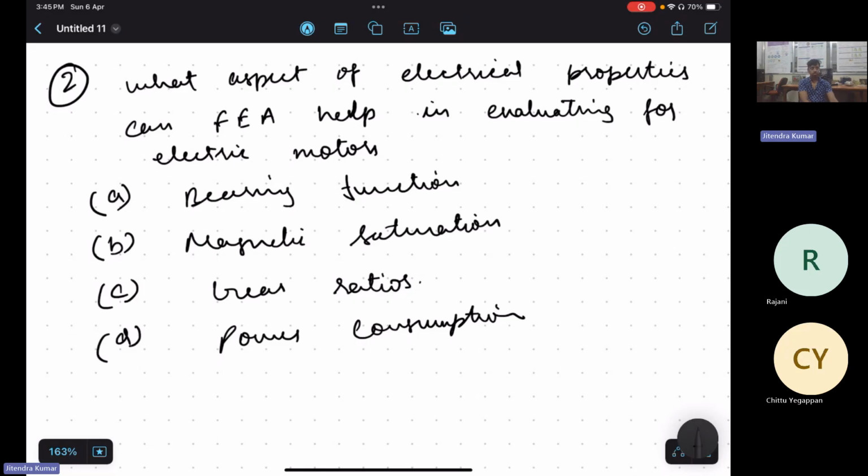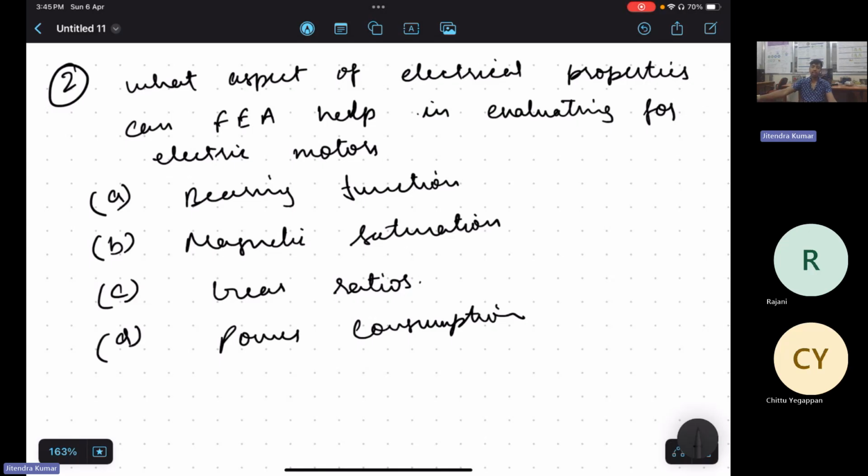FEA will provide you all the results related to flux. From the flux, you could calculate any parameter, right? So power consumption, indirectly you are getting the information, but directly it is giving you the idea of flux level, like how much flux density or how much flux is flowing in the machine, right? You're getting my point, what I am trying to convey here.